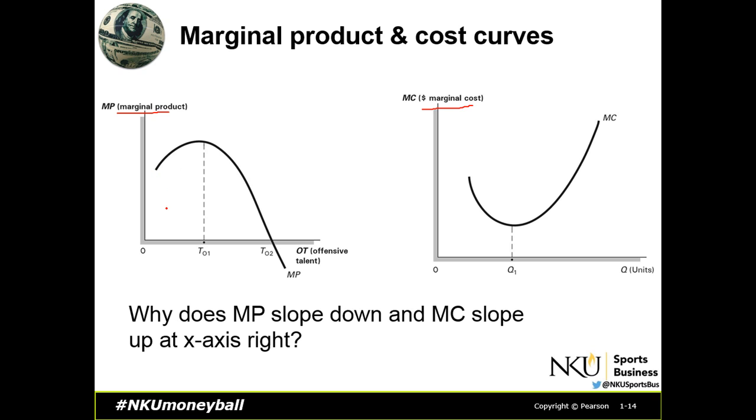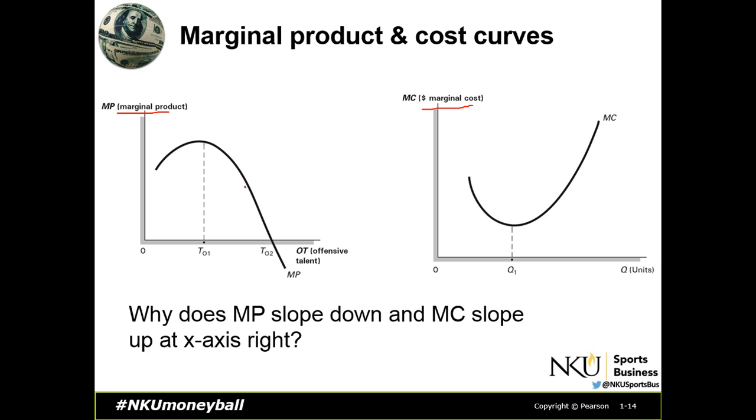And you can see as we move and add more and more talent, as we move to the right in this slope, we see that talent is adding more and more wins, and then at a certain point we reach a crest here and we start to slope downward on our marginal product curve.